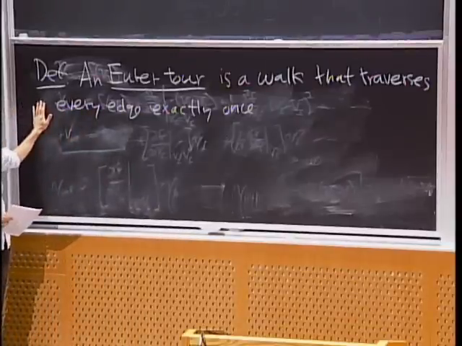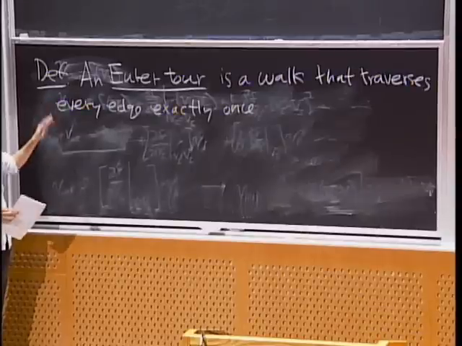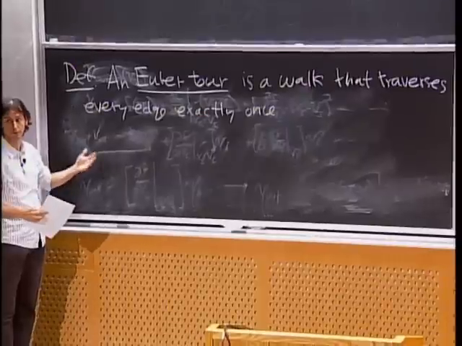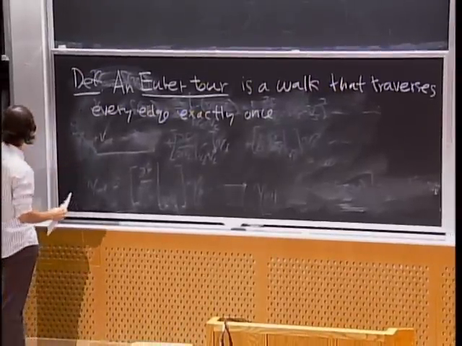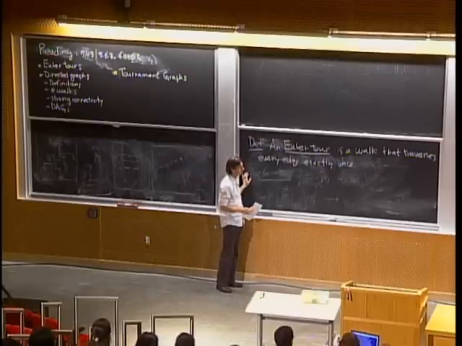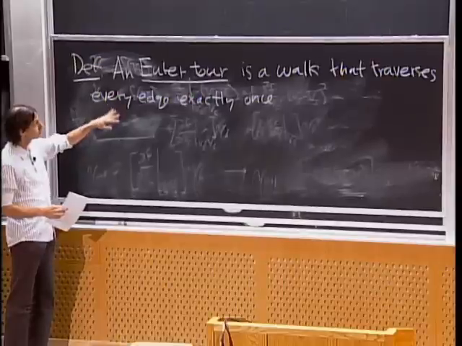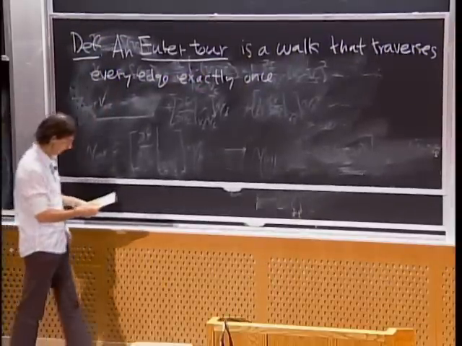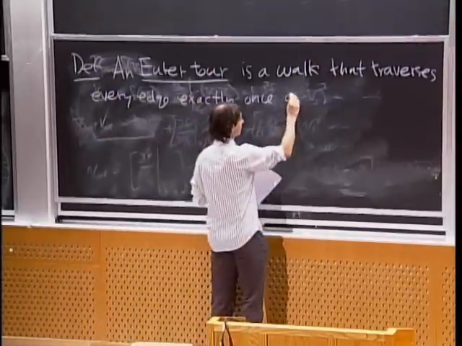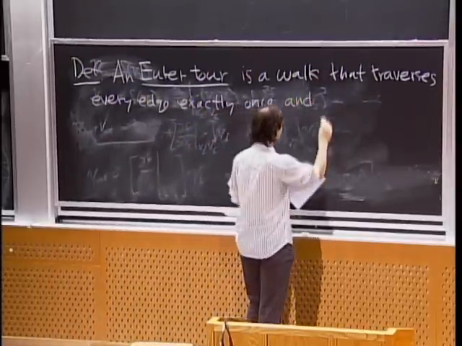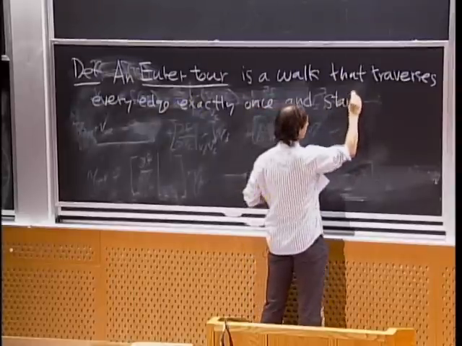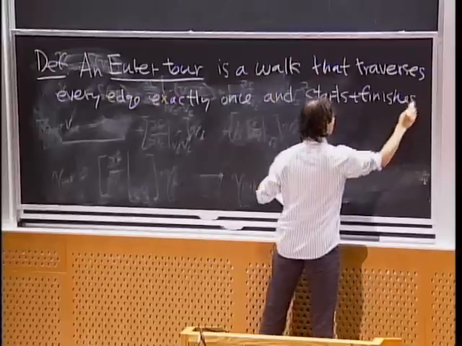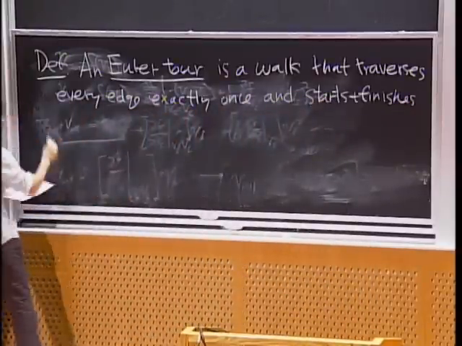So we're talking here about undirected graphs, so continuation of last time. So the edges that we consider have no direction. We will come back to that in a moment. We will start defining those later. So an Euler tour is a walk that traverses every edge exactly once. And at the same time, it's also a tour. So that means that it actually starts and finishes at the same vertex.